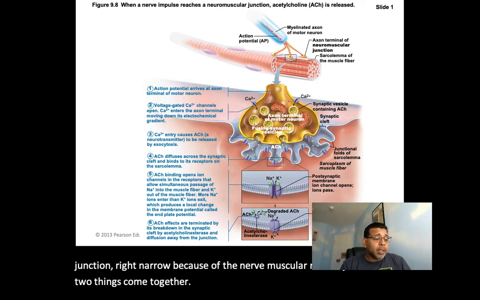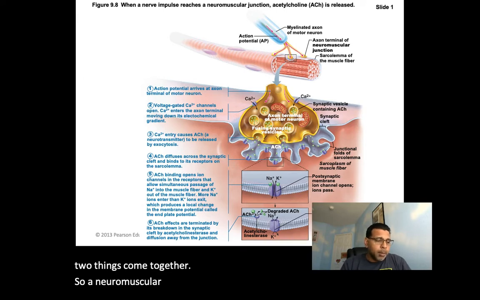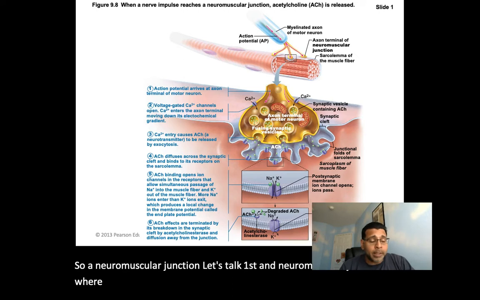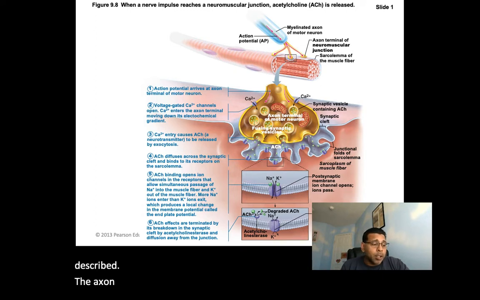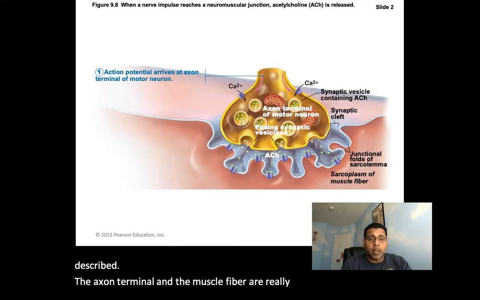So let's talk first about the neuromuscular junction. A neuromuscular junction is where the branches of an axon ending meet with a single muscle fiber, as we described. The axon terminal and the muscle fiber are really close.